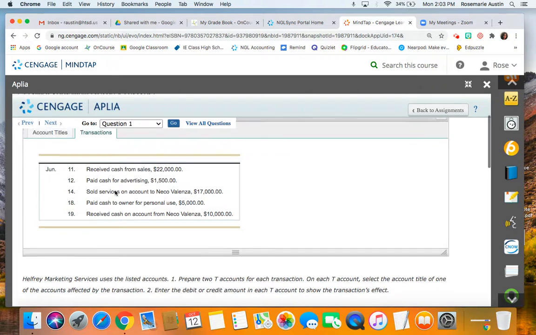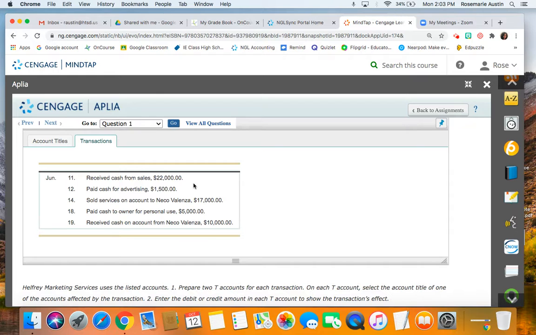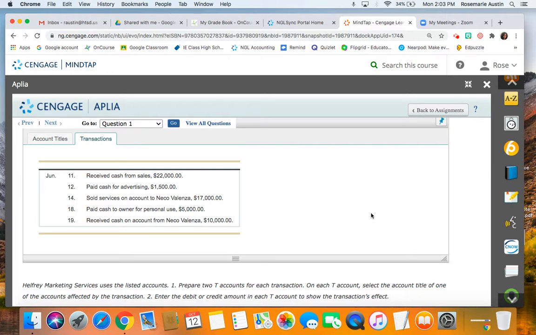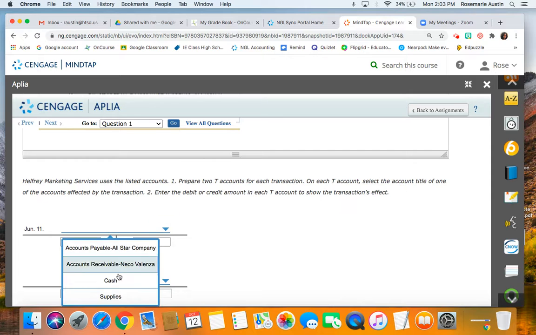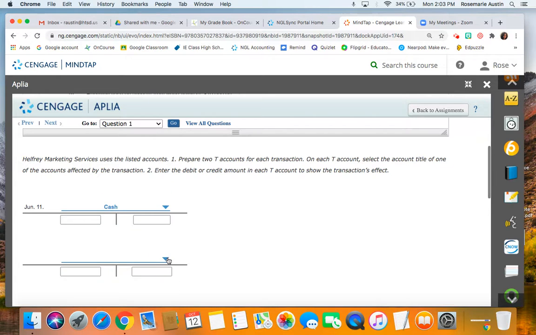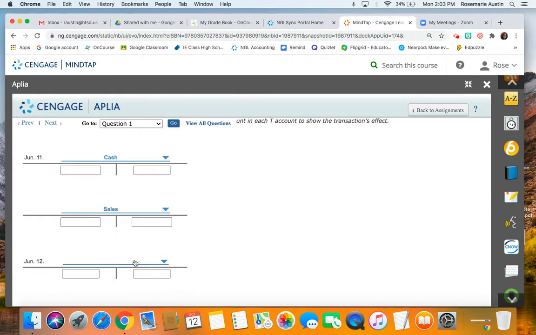So June 11th, received cash from sales. So we know our 2 accounts are cash and sales. So if you're receiving cash, that is an increase to your cash account. Cash is an asset that increases with a debit entry. So we're going to go down here, and cash is going to be listed first, and then sales will be listed second.